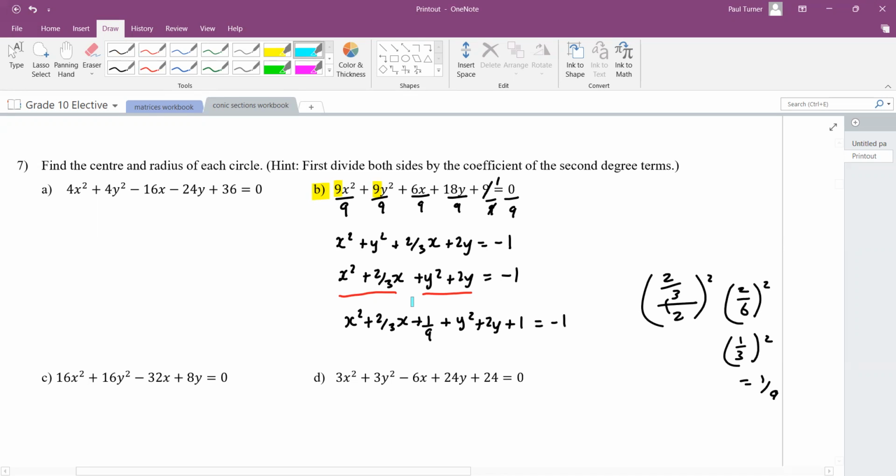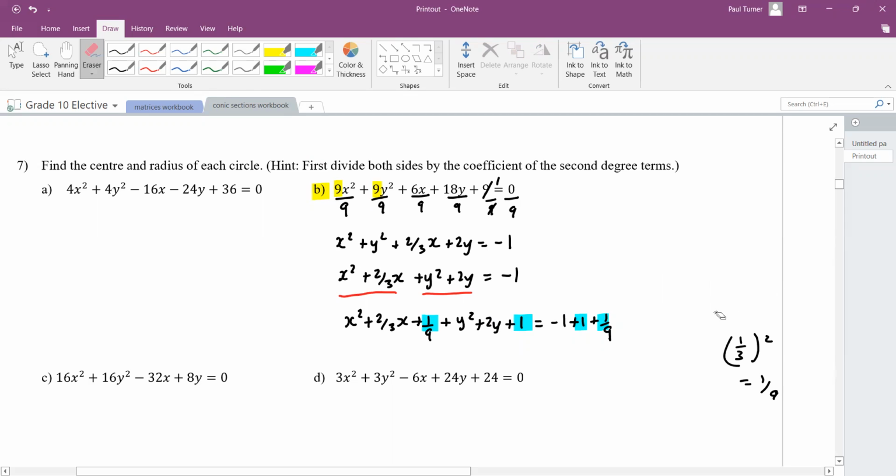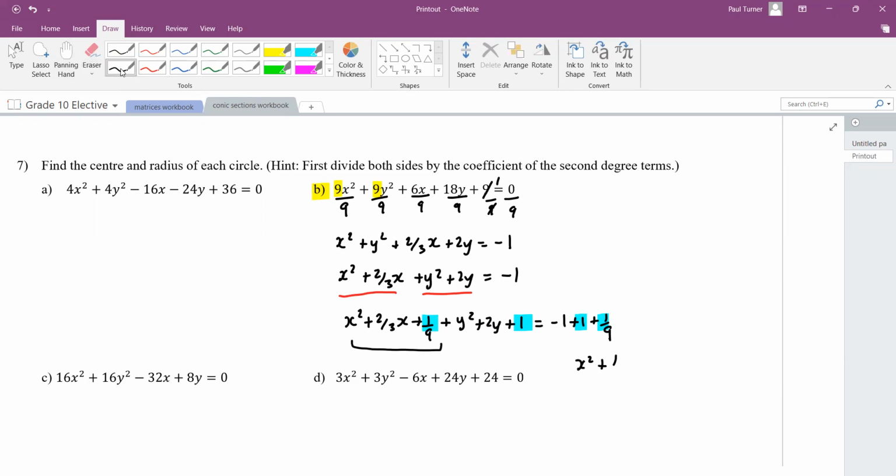And now we add our 2 numbers here to the other side. So we'll have plus 1, and plus 1/9, like that. So let's clear that out so we have a bit of space. So at this point, now we can complete the square. So we'll write that as x squared plus 1. Oh, I'm just recopying it, aren't I? That was 1 on 9.